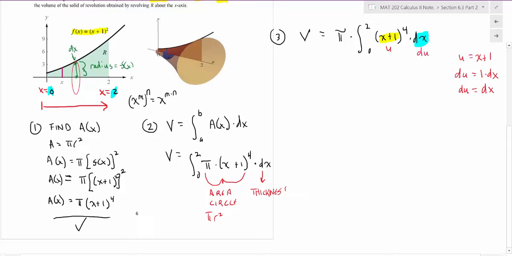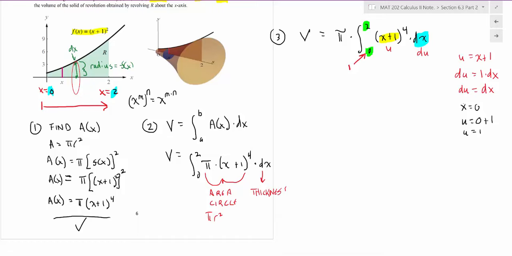Now, since we're going to have a simple integral, I'm going to go ahead and change these limits of integration. So when x is equal to 0, u is going to be 0 plus 1, so u is 1. So that thing is going to change to 1.